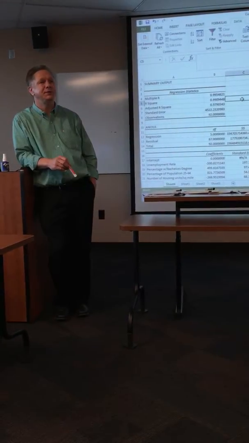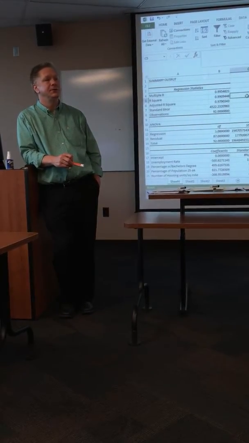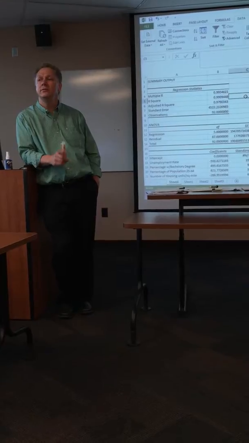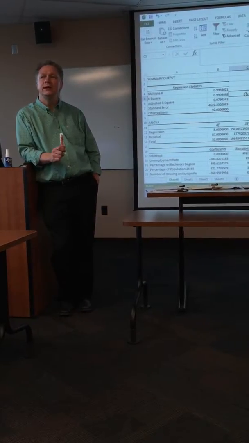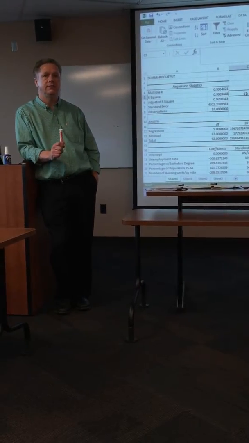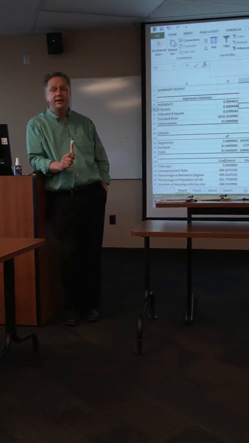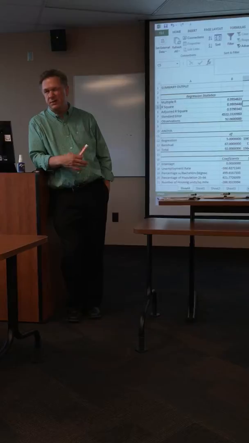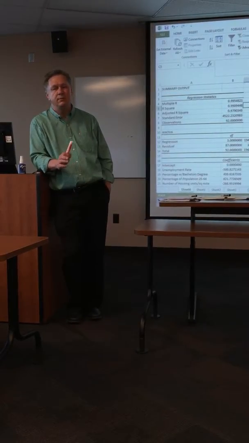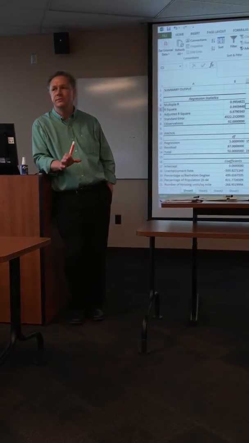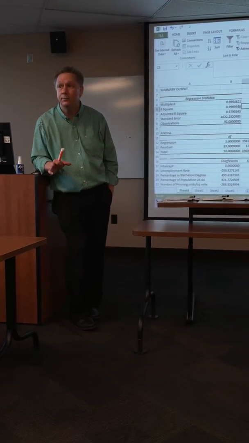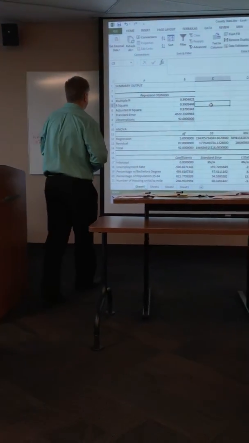I ought to just take a break and walk around a little bit and brag, because what I did by picking those variables is I identified 98% of the variation in the median county income. I didn't explain all of it. There's still something else that's there that I didn't catch. But I explained 98% of the difference in it. So I did a pretty good job there of picking variables.